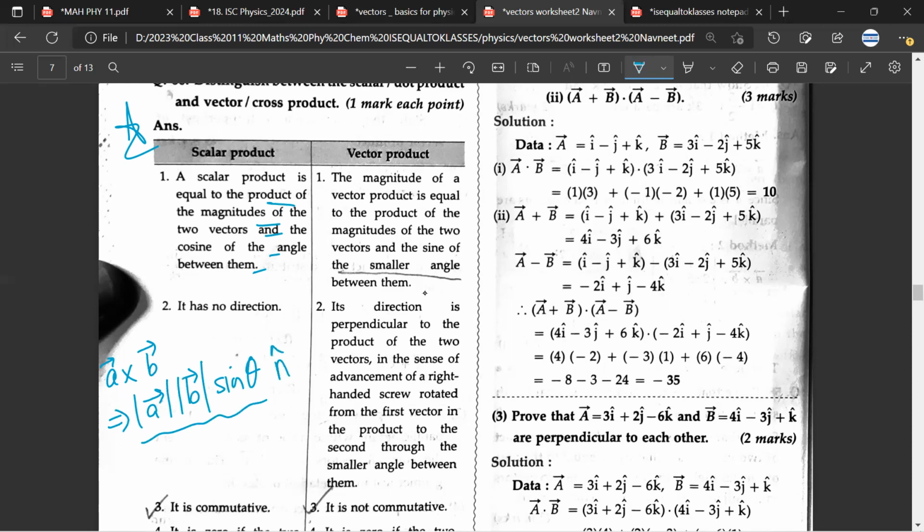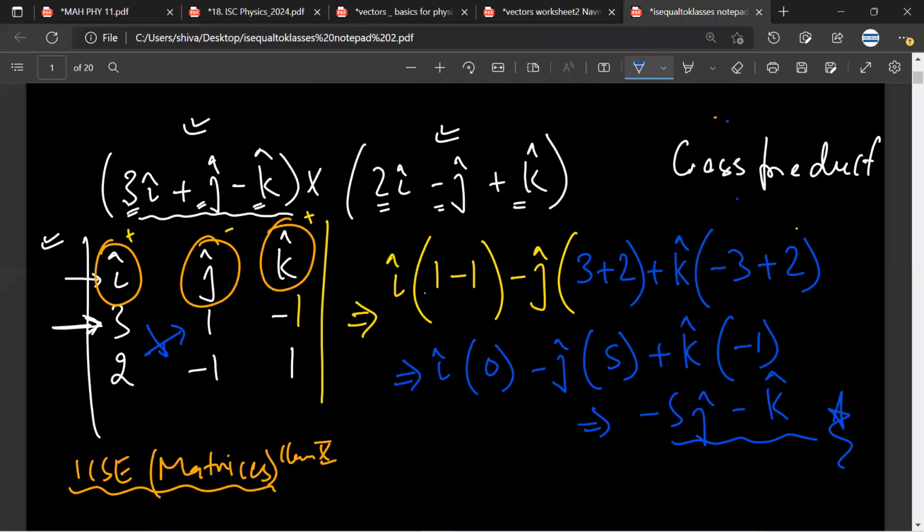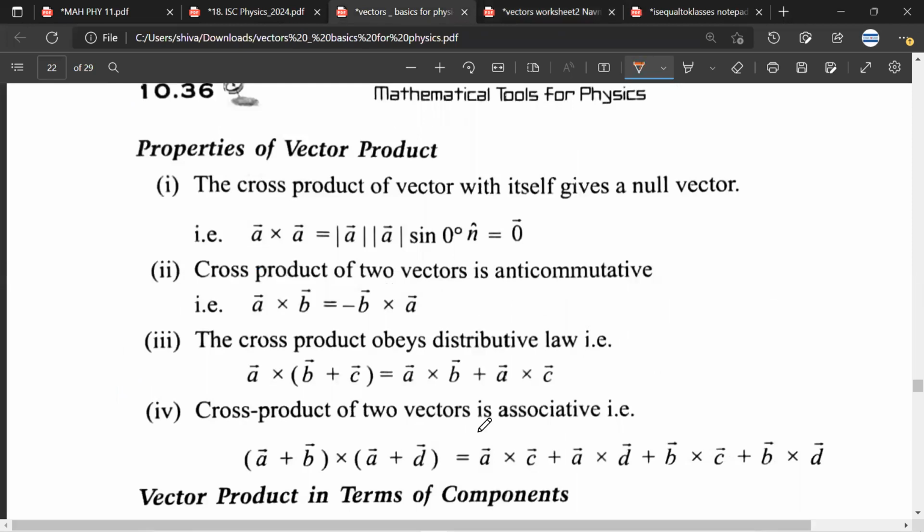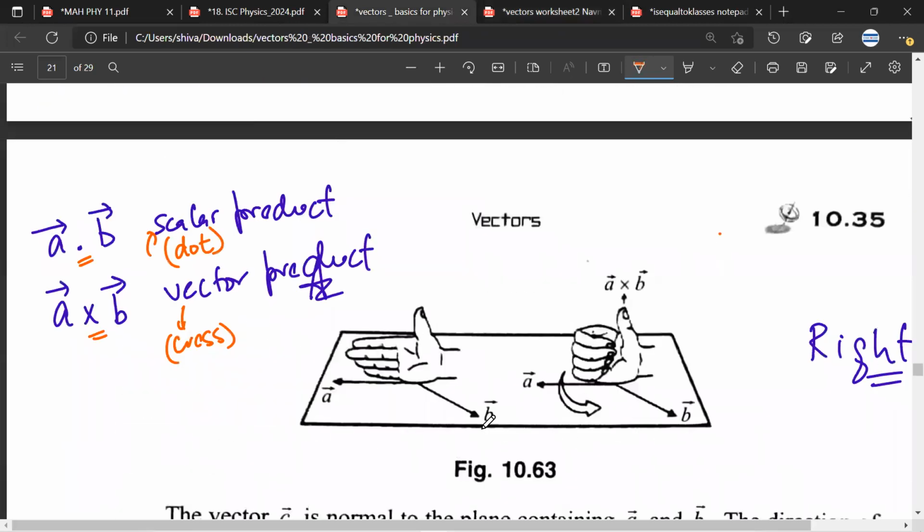Are you clear till here? This is called a unit vector whose direction is given by the thumb rule. Which thumb rule? This thumb rule. Have you understood? This direction of A cross B would be the direction of the unit vector.